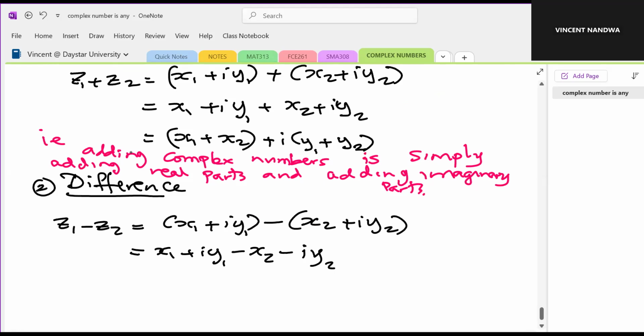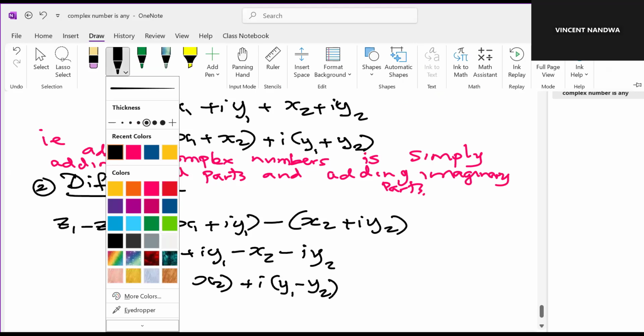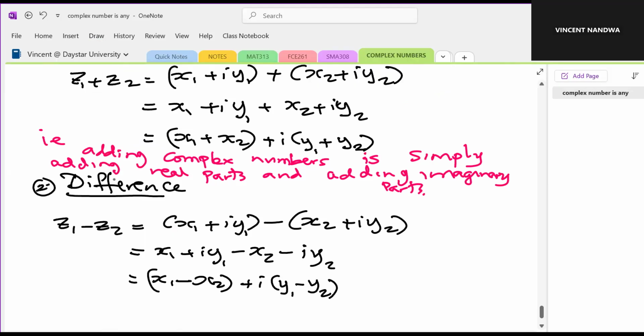Then collect real terms or real parts. So we have X1 minus X2 plus i(Y1 minus Y2). It also turns out that to subtract two complex numbers is as good as simply subtracting the real parts and then also subtracting the imaginary parts.